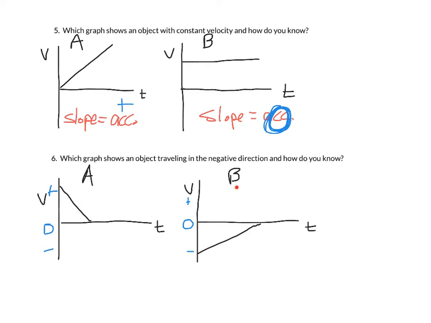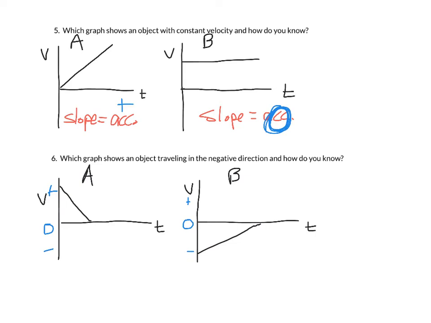B would be the answer for this question, regardless of whether the line went up or down. As long as it's down here, that's negative. This one, I don't care if the line goes down or up. In either case, where is the line? On the positive side of zero. I hope that makes sense. So again, how do you know? Negative direction has to be B, because the line is below the t-axis where the velocities are all negative.